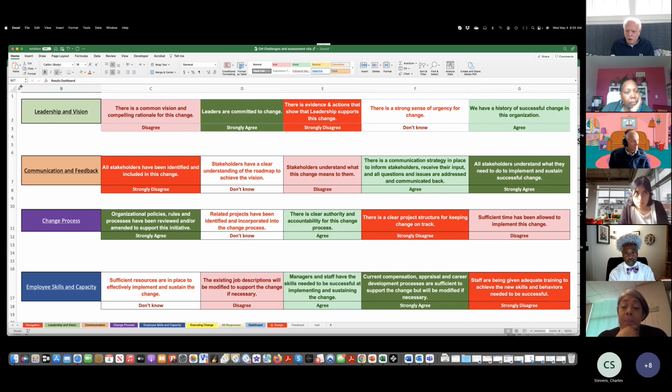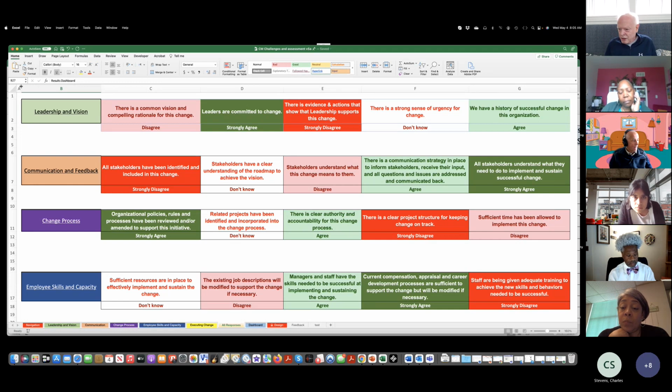If we say strongly disagree on a particular question, that stakeholders understand what this change means to them, then maybe there's an action, not to check in later, but to work on now to make sure stakeholders understand what the change means to them and that we're comfortable. So dealing with all the strongly disagrees is important.